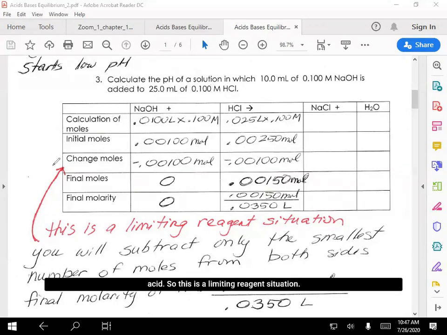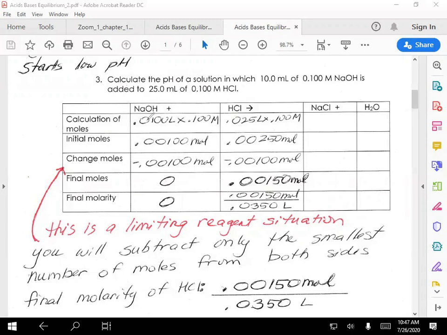So this is a limiting reagent situation. We subtract the moles of base because the base is the limiting reagent. So we subtract the 0.00100 moles from the base. So we get 0 base. The base was all used up.